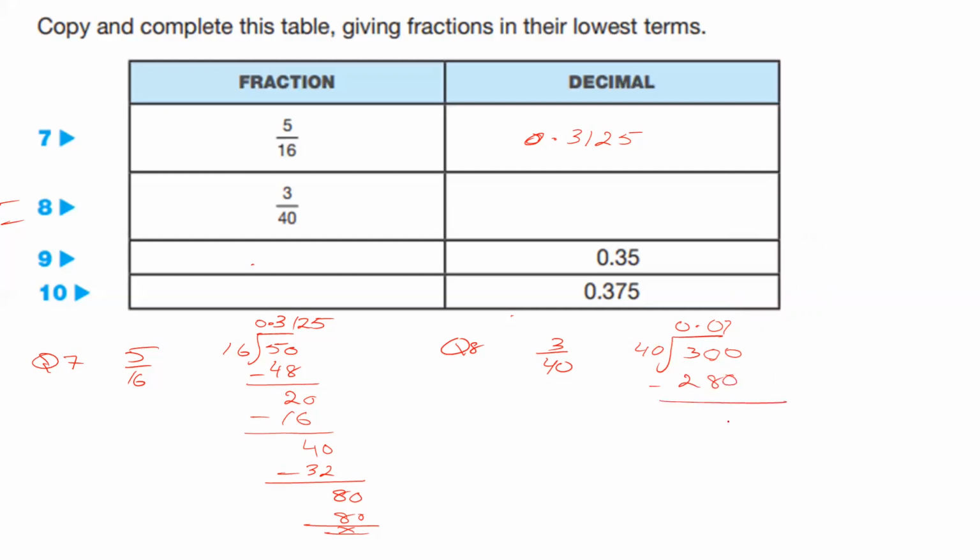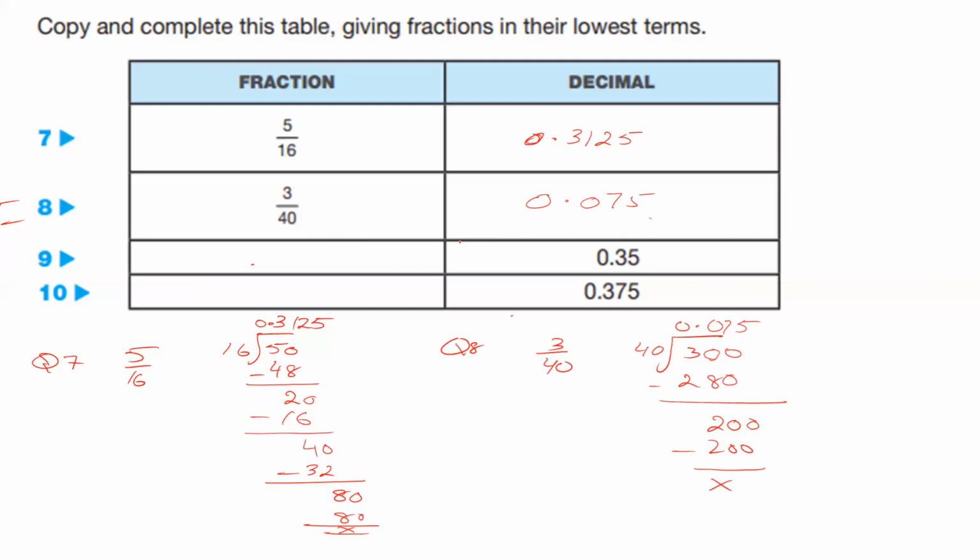We take away, we get the answer. This is 20. And then we put 0. So 40 times 5 equals 200. Okay. When we take away, we don't get any remainder. So we straight away write here 0.075. Okay. So this is question number 8's answer.